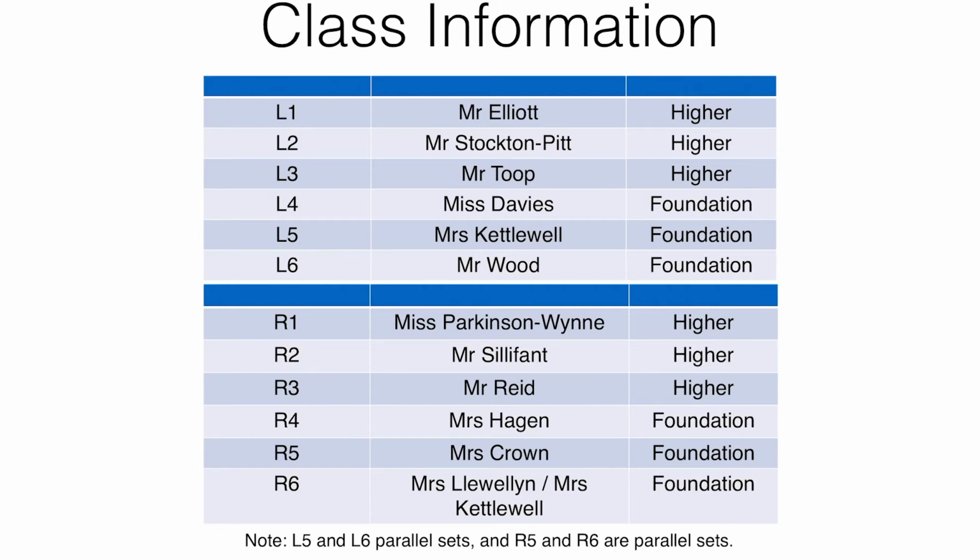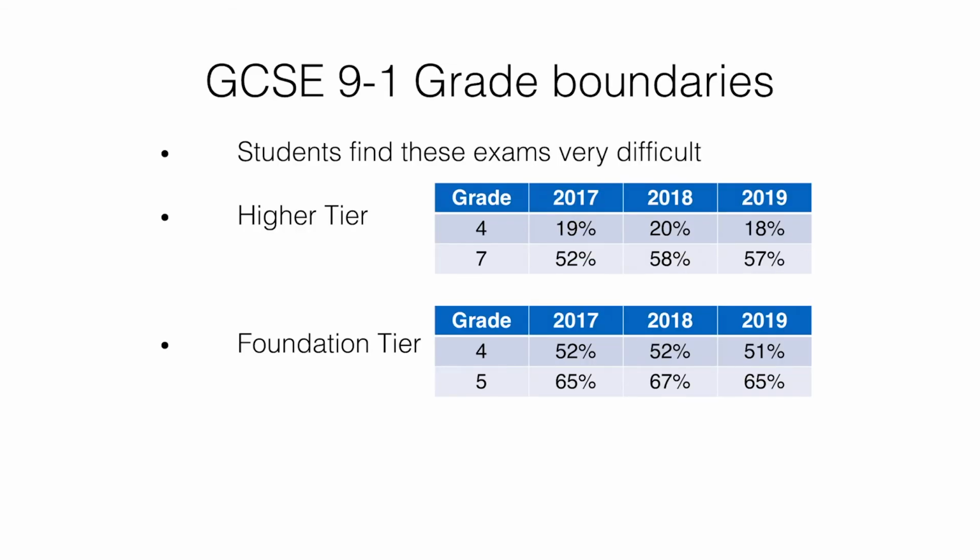And as I said before, no decisions are made finally until later in year 11. The other note is that set 5 and set 6 in each population are parallel sets, so they are exactly the same in ability. So set 5 is not above set 6 in terms of ability, they are equal.